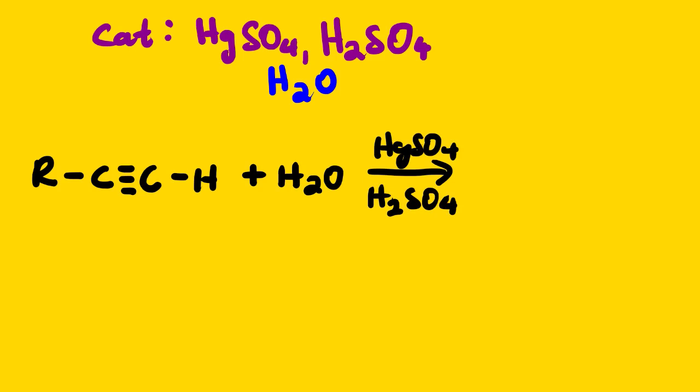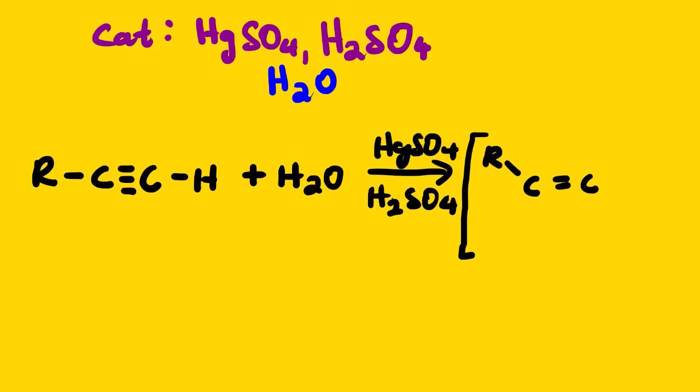Between the two carbons, we can see that this is the Markovnikov carbon. So we are going to have a stage whereby we yield a vinyl alcohol or an enol.